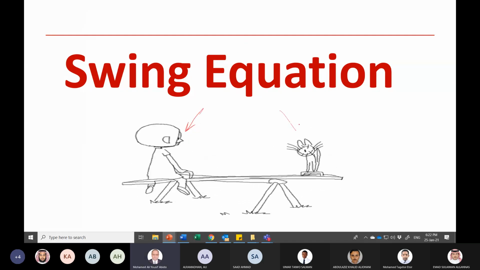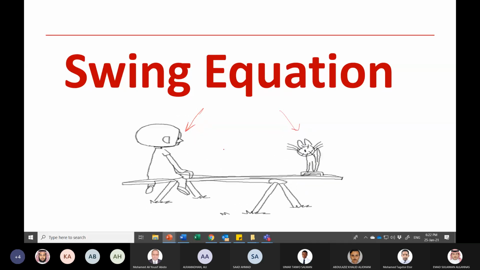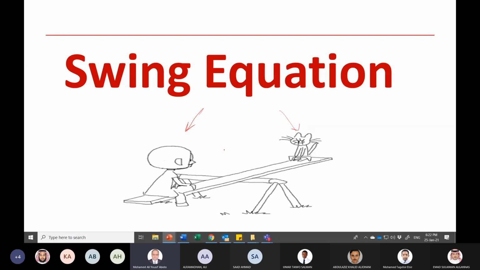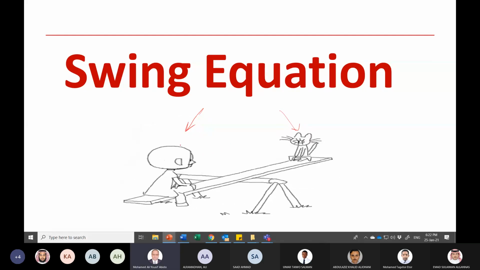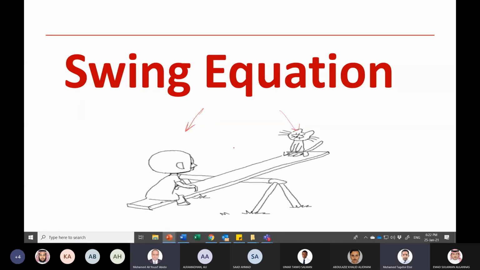What is this and what is this? If you want to apply this to the power system, this represents what and this represents what? Mechanical and electric.